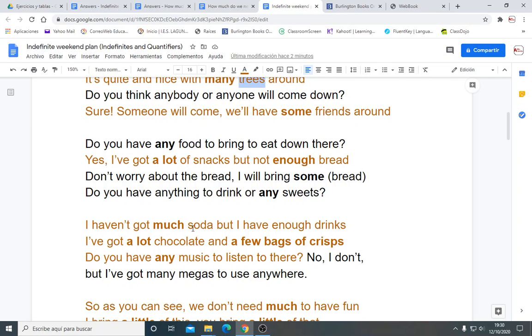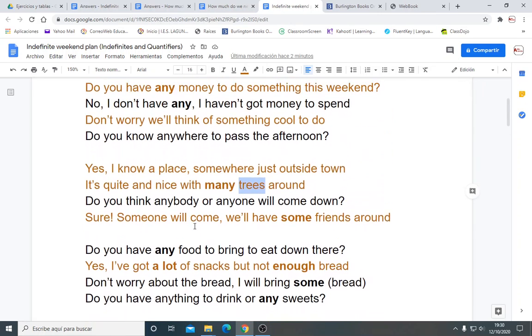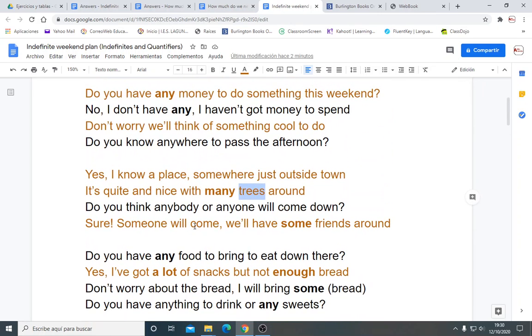Soda is like gaseosa, something like that, or Coca-Cola, or oil, water. We use it often with liquids like oil, or with things that are in powder, like sugar, for example, or salt. Much soda. We don't have 1 soda, 2 soda, 3 sodas, or we don't have 1 water, 2 water, 3 water, okay? We refer to them as uncountable, therefore we use much.